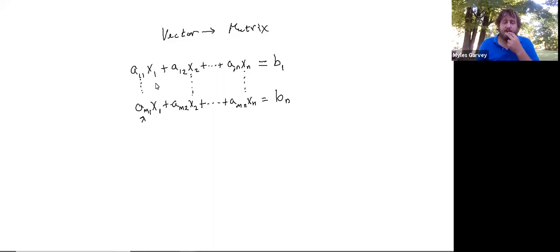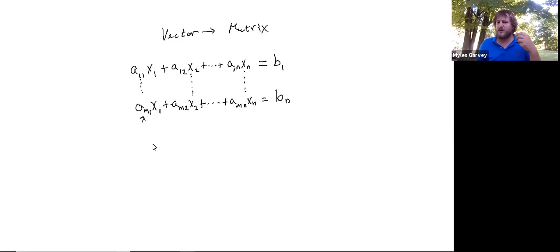So the question then is, can I represent this in a more restricted format? And the answer, of course, is yes. One way that we restrict the notation here is by using what is called vector and matrix notation.